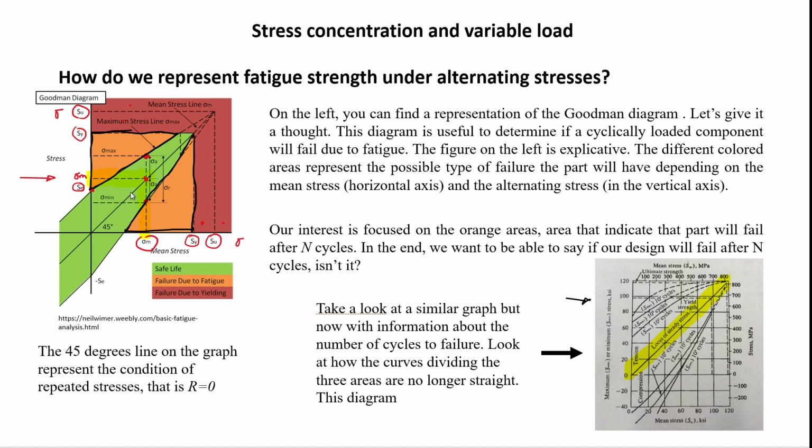They put it in black maybe. This line here is equivalent to that. And now the areas are not marked by straight lines, but by these curved lines here when you consider these cycles to failure.